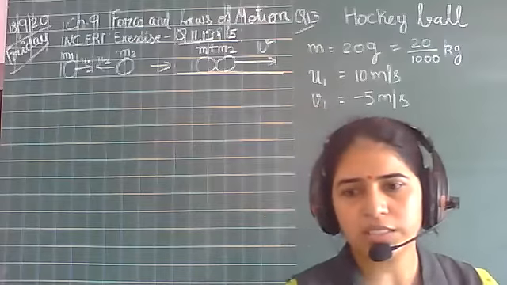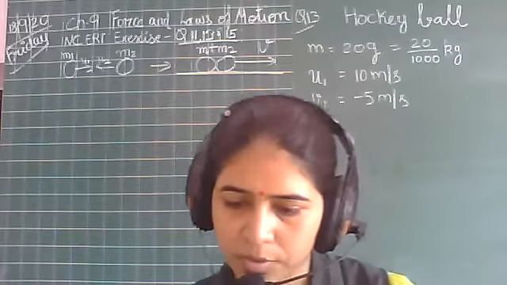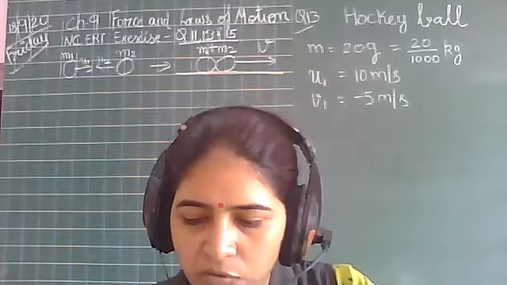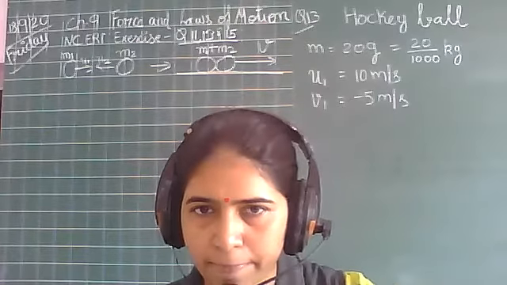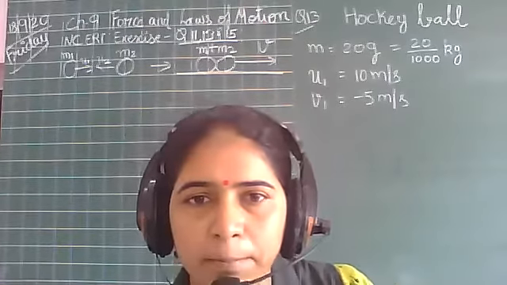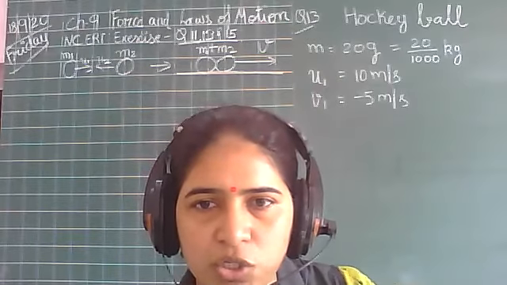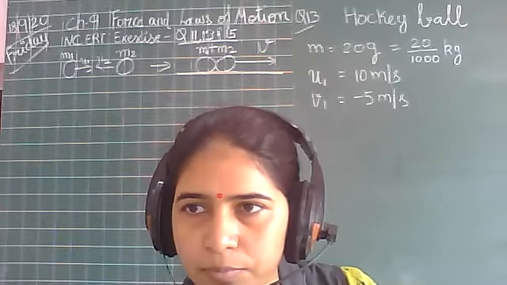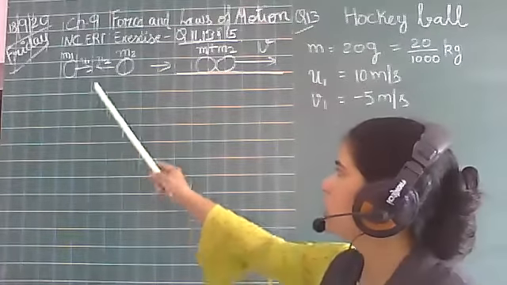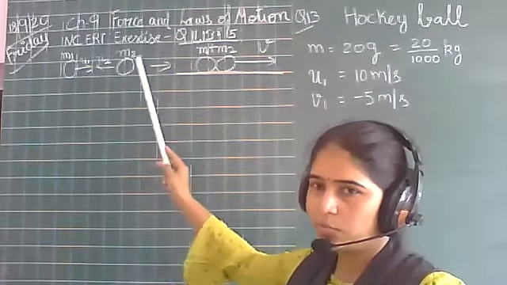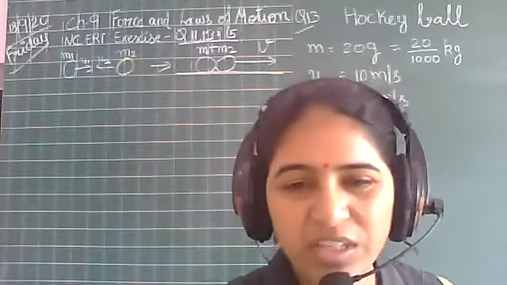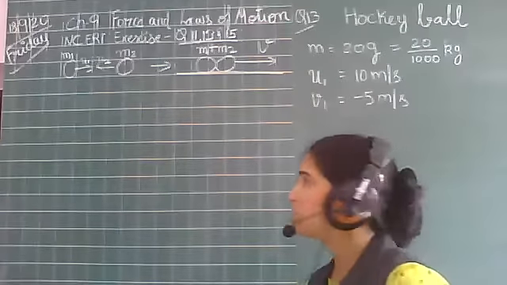The question says that two objects of each of mass 1.5 kg are moving in a straight line but in an opposite direction. So you are having two objects. Here is your object 1. This is your object 2. So these two objects, they are of equal mass. Means their masses are same.